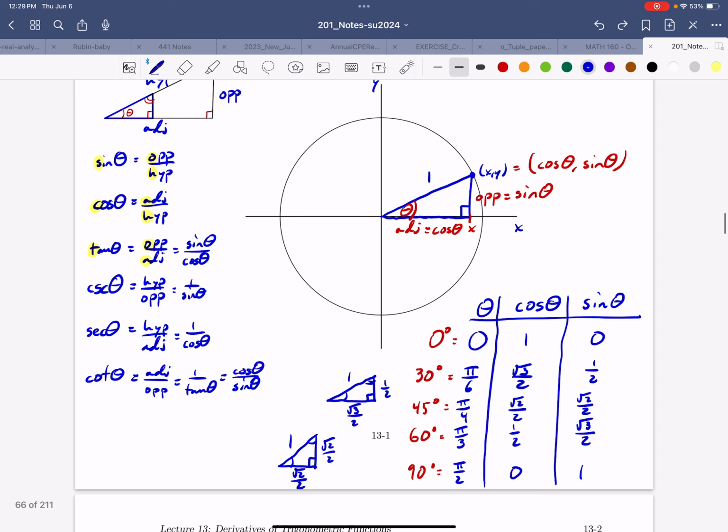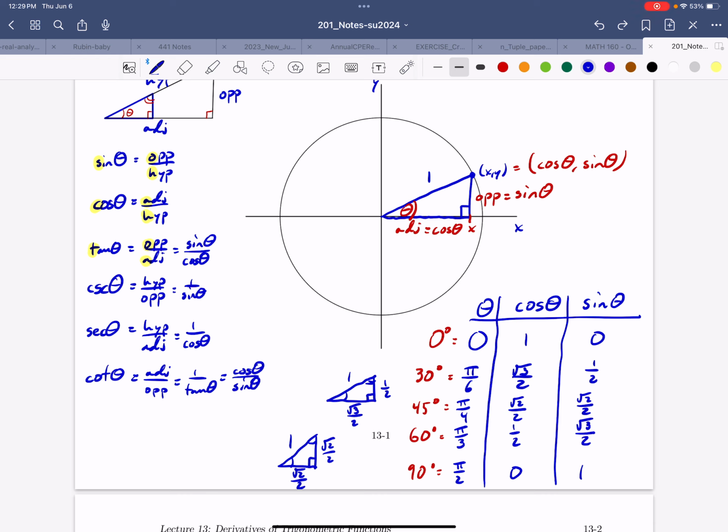Now, do we see that these angles encompass this quadrant of the unit circle, right? By the way, if it wasn't clear, 0 starts right here, and we go counterclockwise. So then you might be saying, well, what about this angle, for example? Well, it turns out it's going to behave the same way as a corresponding angle in the first quadrant.